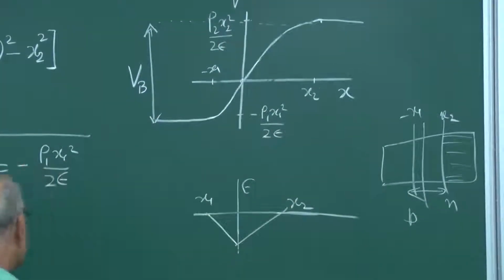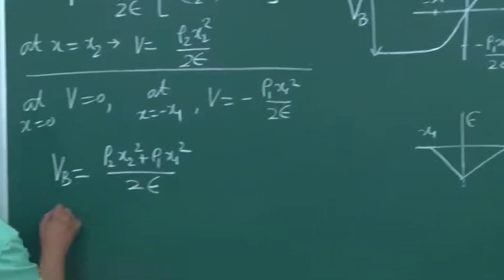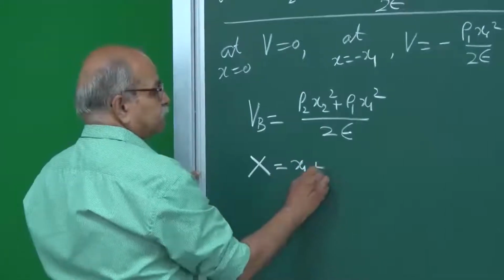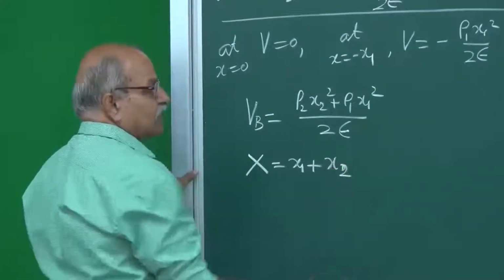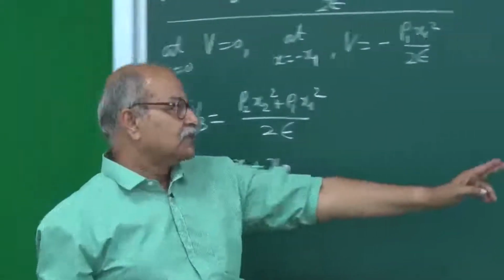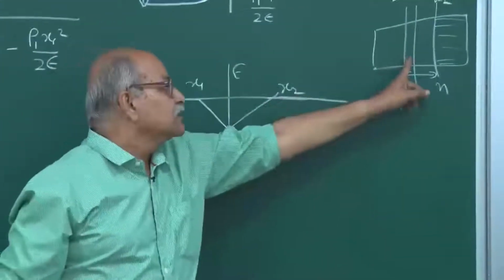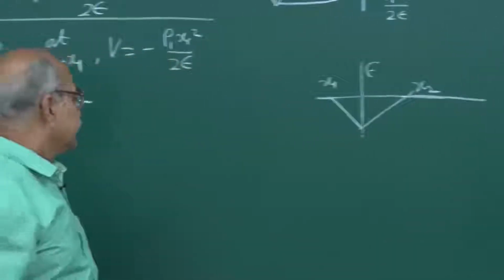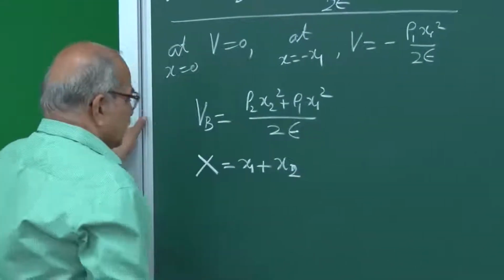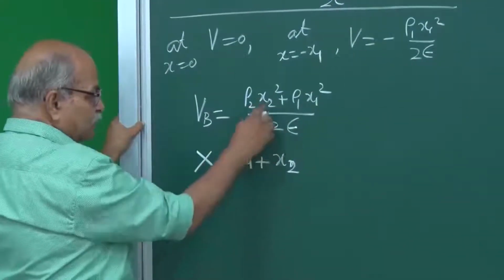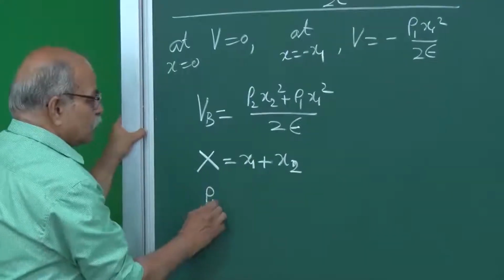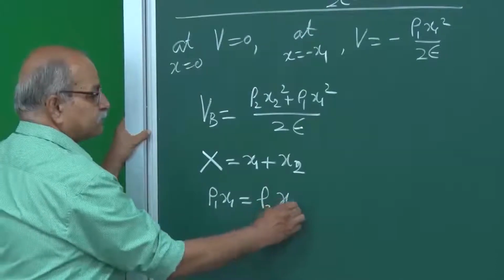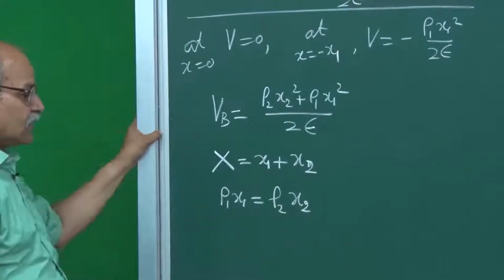So, what we are interested in is the width of the depletion region, which is x1 plus x2. This x1 and this x2, this is the total width of the depletion region. You have one more relation, and that is rho 1 x1 is equal to rho 2 x2. Right?